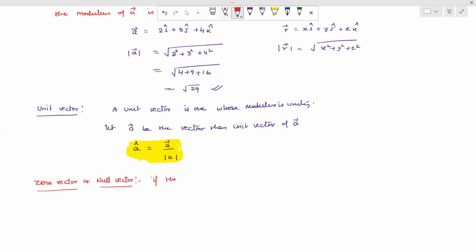So if the modulus of a vector is 0, then that vector is called zero vector or null vector.